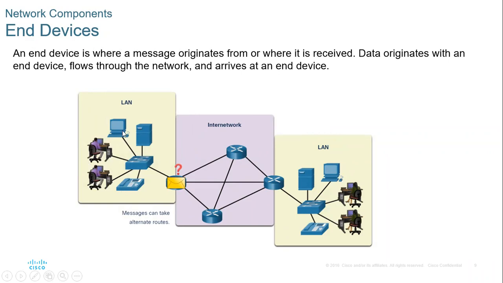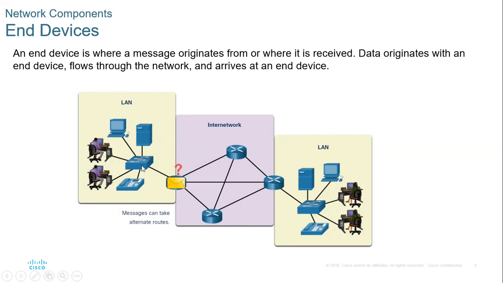So each device, called an end device: IP phone, computer, laptop, desktop, server, printer, IP printer, IP scanner, IP projector, IP IoT, any device at your home that has an IP, we can access it. So all these are called end devices.